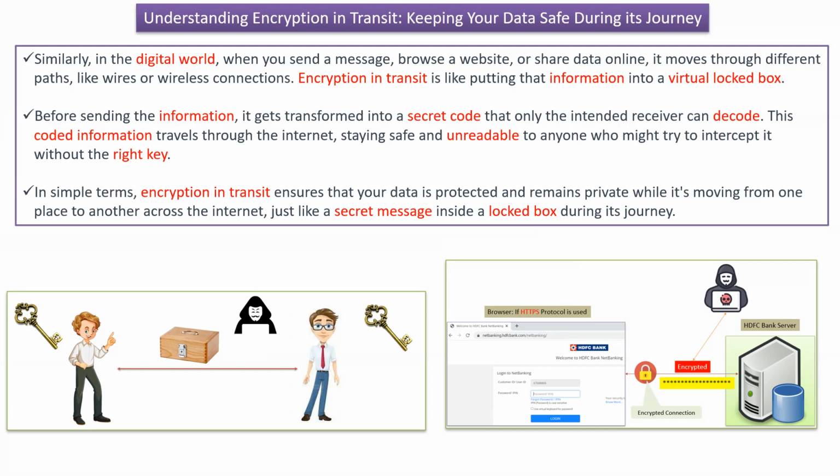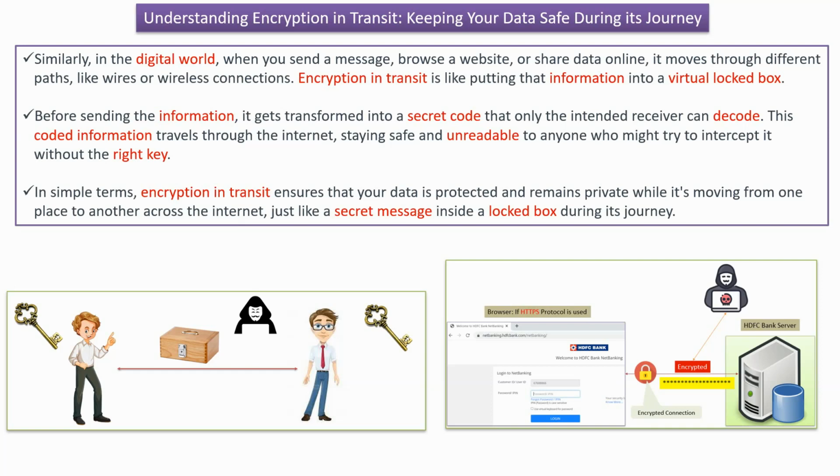Encryption in transit is like putting that information into a virtual lockbox. Before sending, the information gets transformed into a secret code that only the intended receiver can decode. This coded information travels through the internet, staying safe and unreadable to anyone who might try to intercept it without the right key.